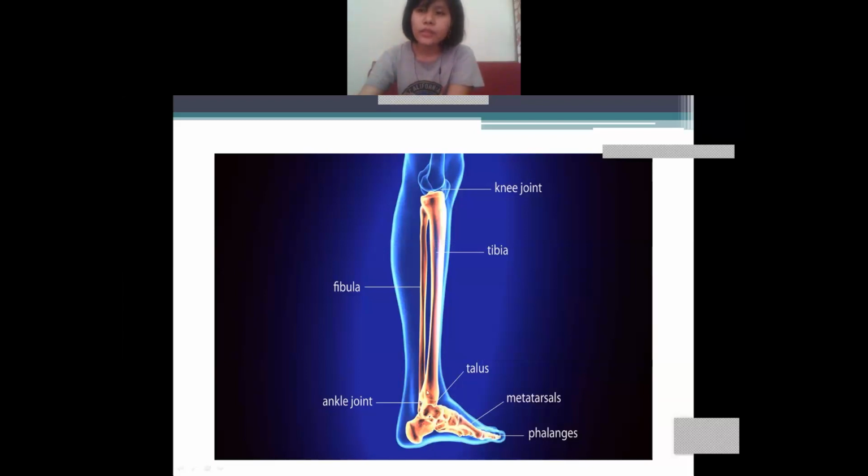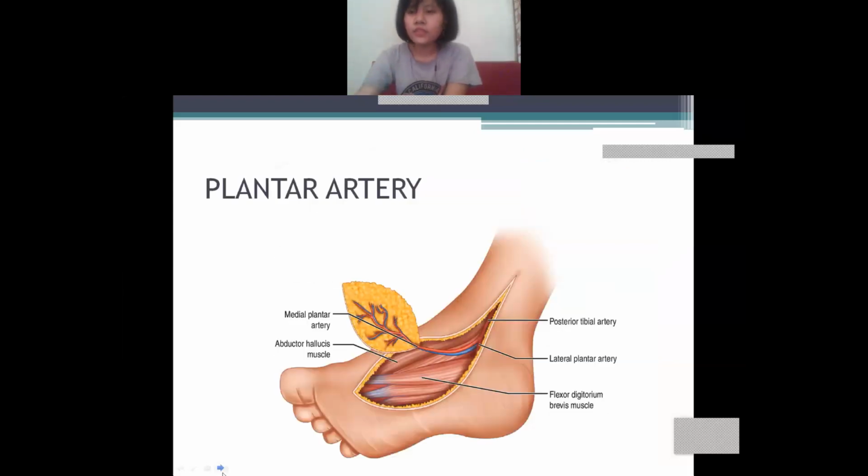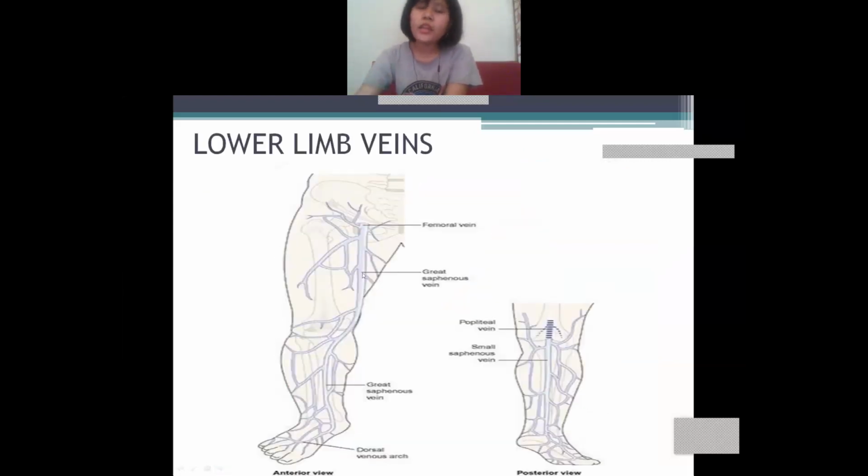So the great saphenous vein goes up along the tibia side, and as it goes up and up, it will finally reach here in your thigh portion. Where will it end? It will end in the femoral vein. Till this portion is the great saphenous vein, which is also known as the longest vein in the human body.